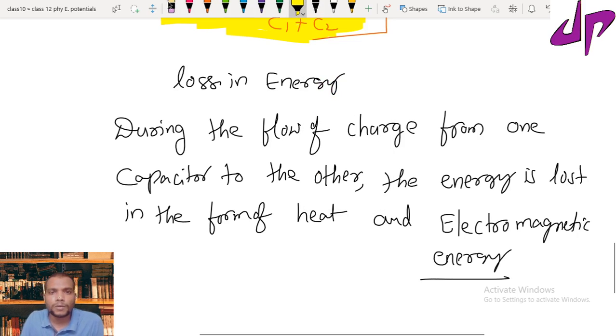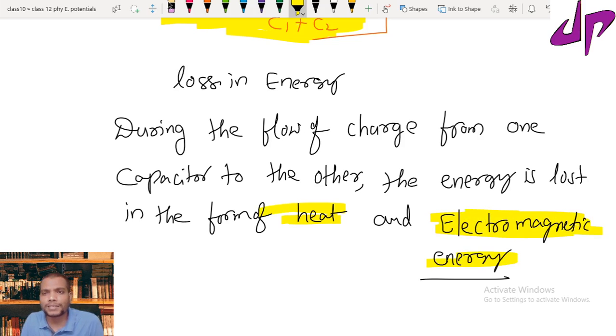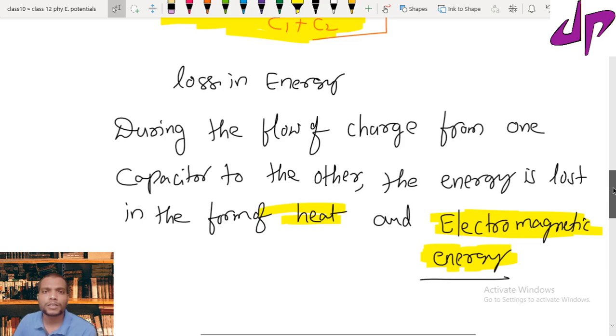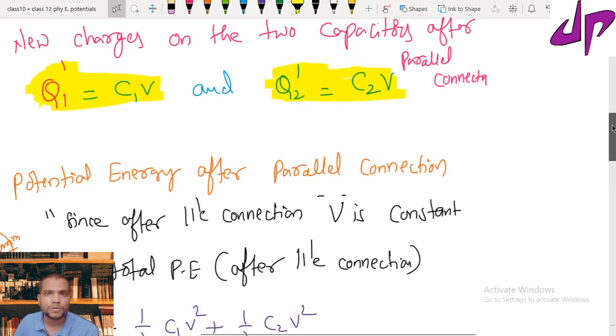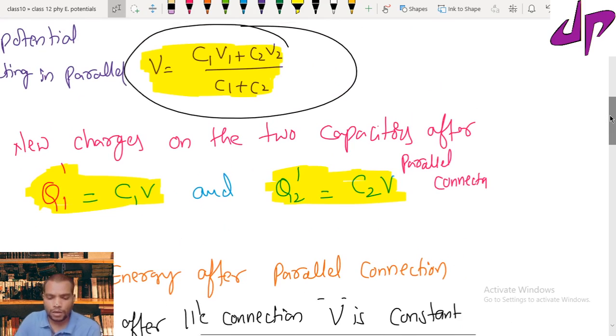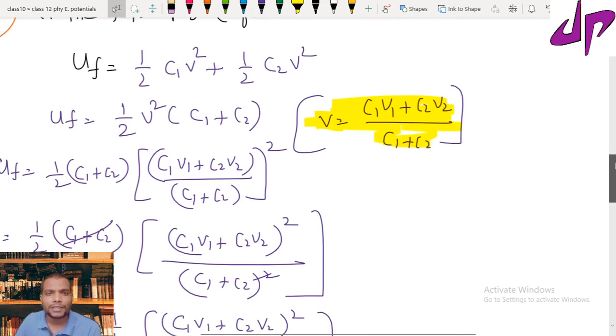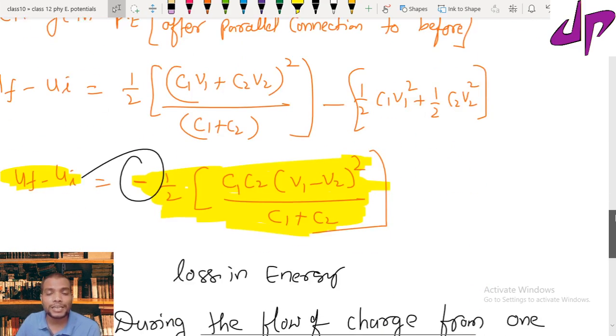So these are the important results. When two charged capacitors are connected in parallel, they both reach a common potential. Not only that, after reaching the common potential, they both acquire separate charges, and because of that they lose certain potential energy.